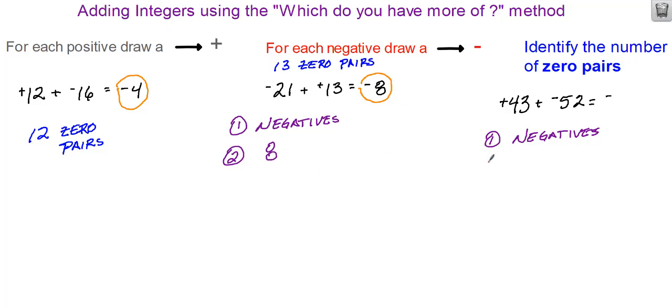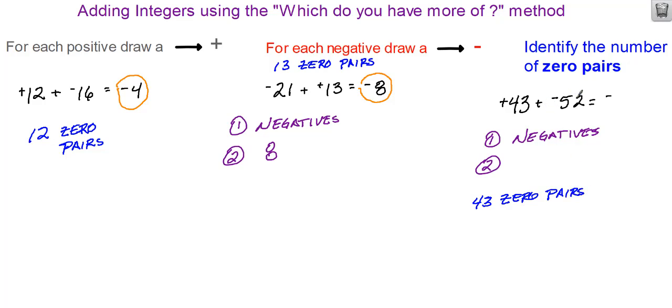Question 2, how many more negatives? Well, that's where the zero pairs come in. This problem will create 43 zero pairs, which means 43 will be canceled out.